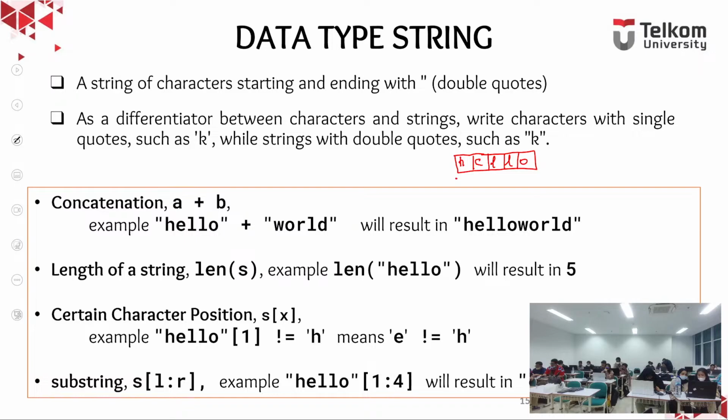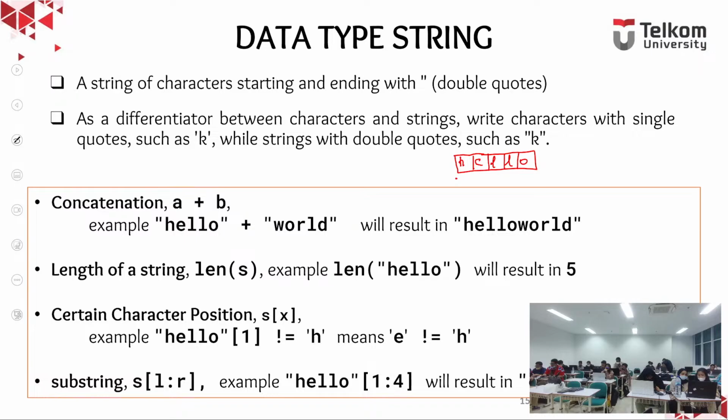E is the second character, L is the third, L is the fourth, and O is the fifth. But usually in programming, we will count from 0. So we access it using what we call an index.